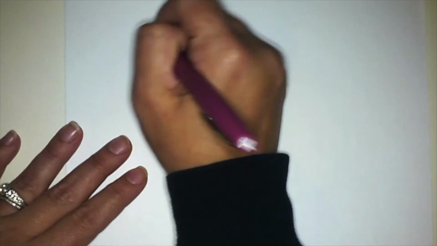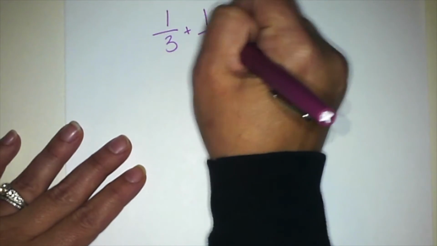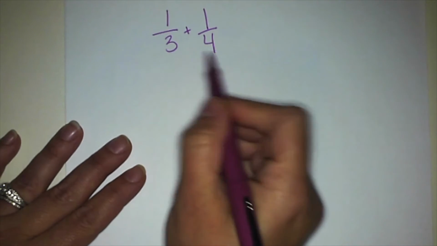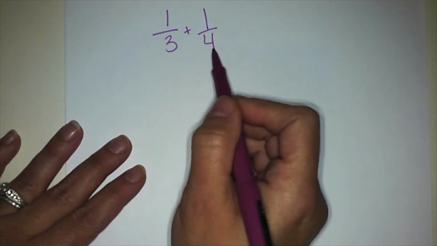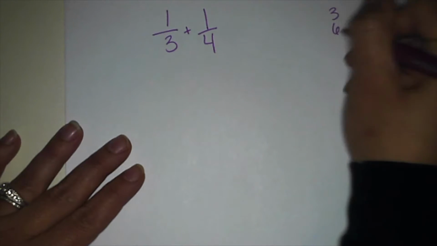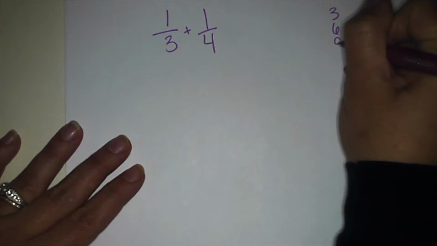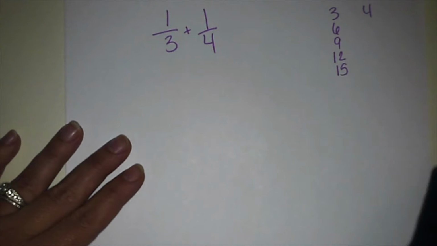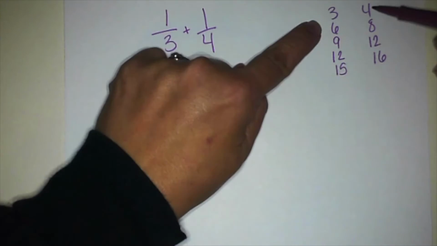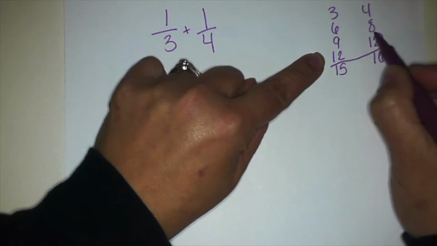I can also use my skip count when I'm coming up with common denominators. So if this was a problem I was working on with fractions, I can't actually add those two things because they don't have common denominators. So I can do a 3 and a 4 skip count off to the side and just do a few numbers. And then I'm going to look to see if any of those numbers match.